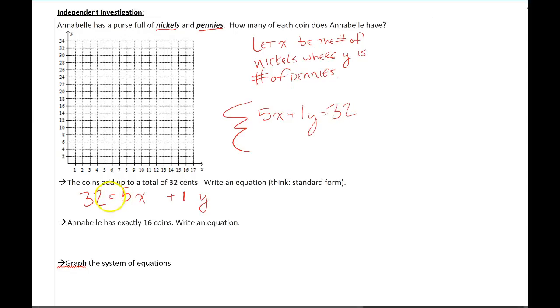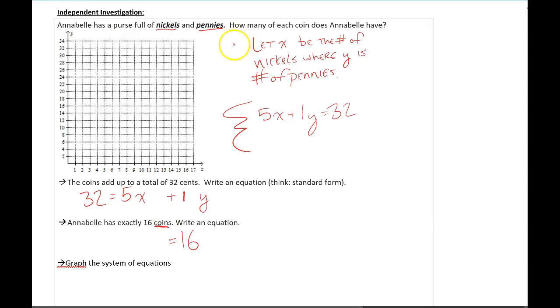Then I come in and I say, all right, what other pieces of information are we given? Well, 16 is the total number of coins. And I know instinct says, wouldn't I just want to write 5x plus 1y is equal to 16? But that wouldn't be correct, because we're not talking about value now. We're talking about number of coins.